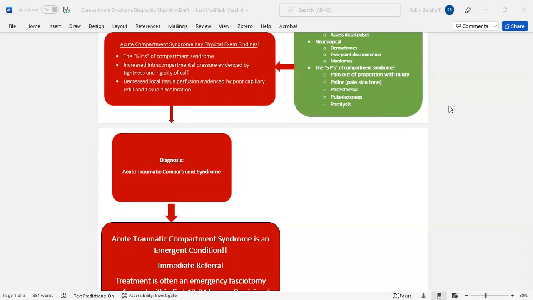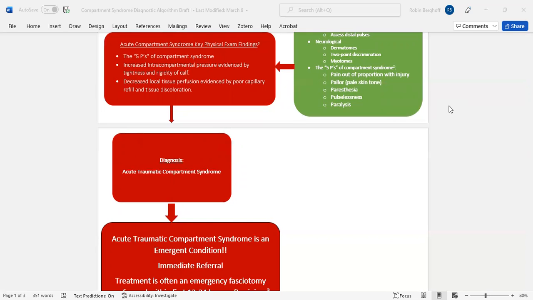Like Ariel said, those 5 Ps of compartment syndrome: the pain out of proportion with the injury, pallor, so the pale skin tone, paresthesia, pulselessness, and paralysis, along with that increase in intercompartmental pressure and the decreased local tissue perfusion, so poor capillary refill and the discoloration of the skin.